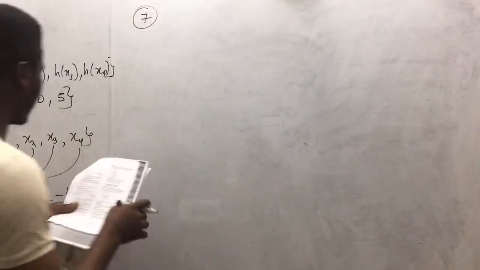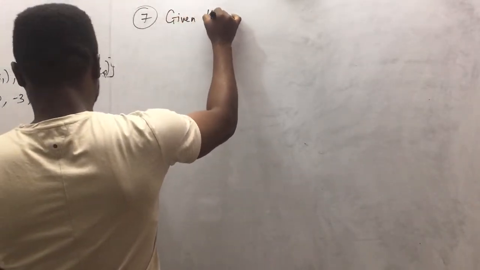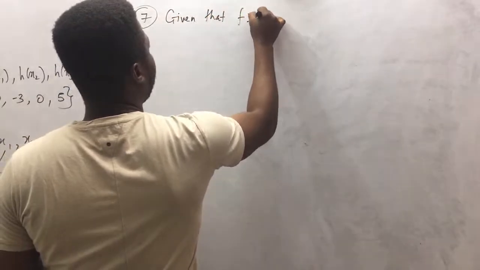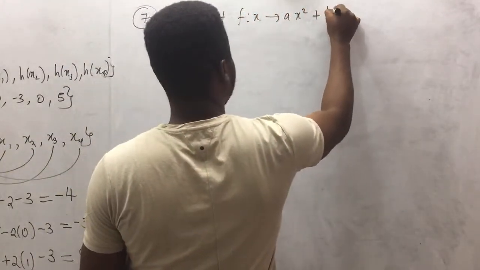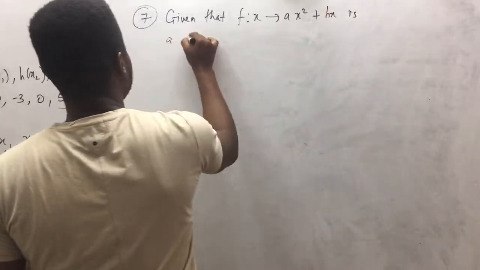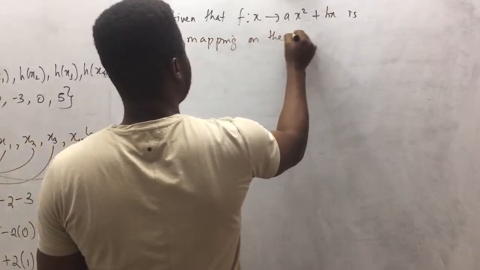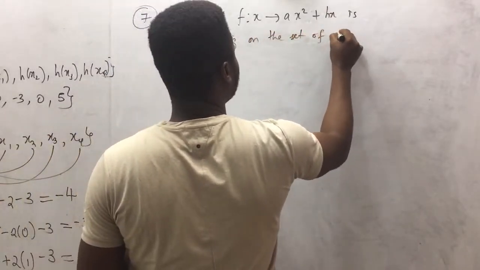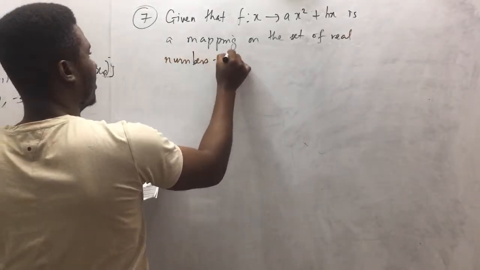For question number 7, you are given that f(x) equals ax squared plus bx is a mapping on the set of real numbers.